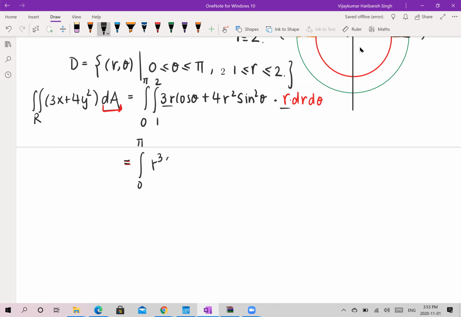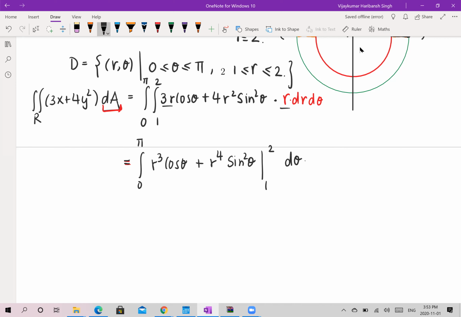R cube cosine theta plus 4r cube. Now integration of 4r cube is r to the power 4 sine square theta. So we have integrated already with respect to r. R goes from 1 to 2, then d theta.